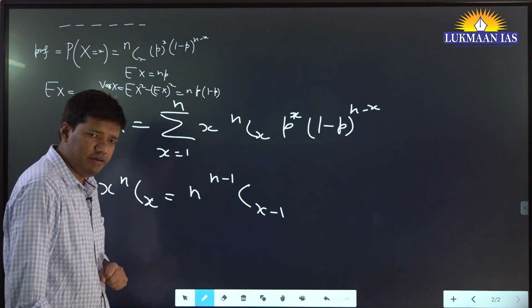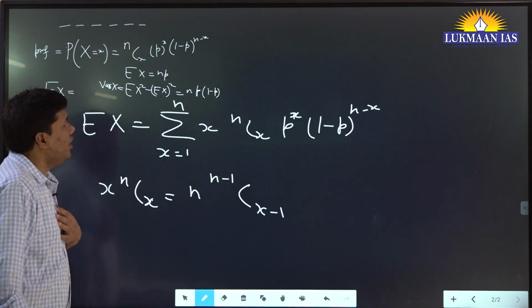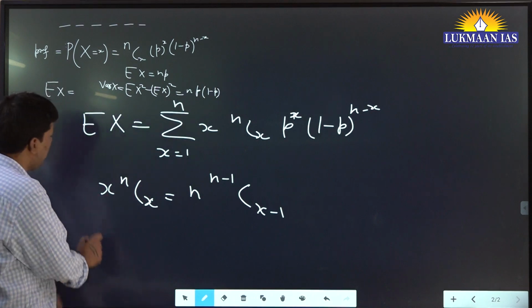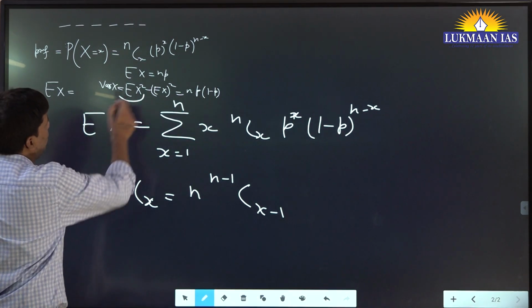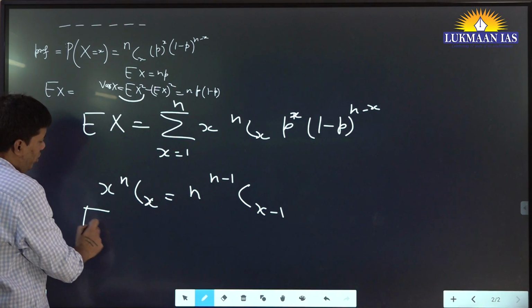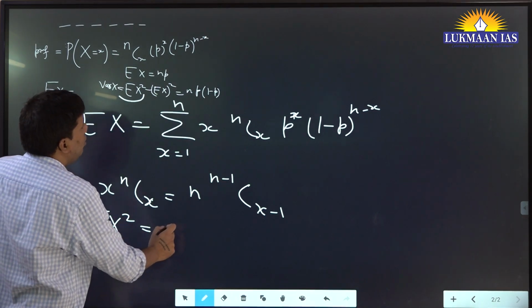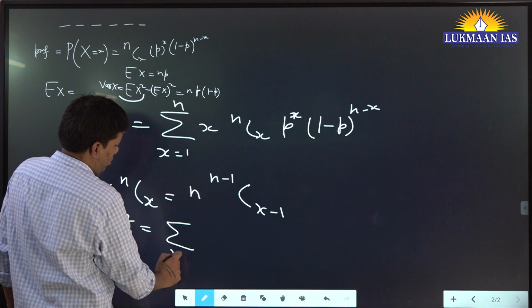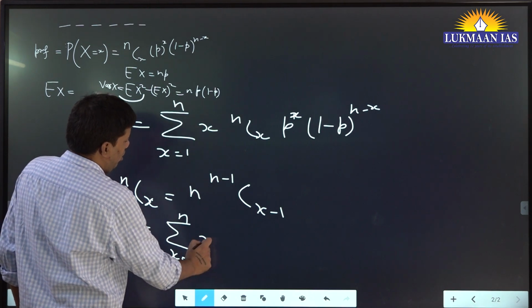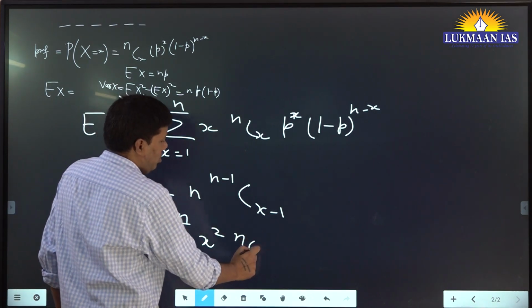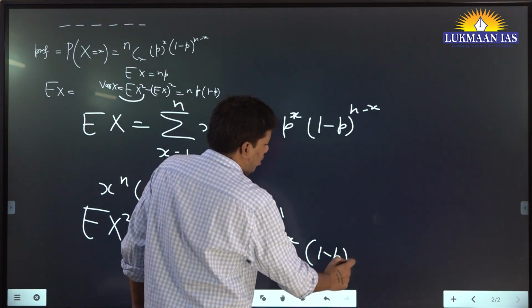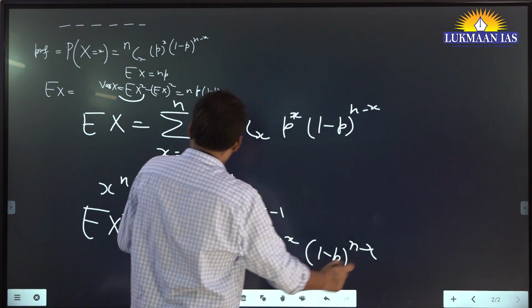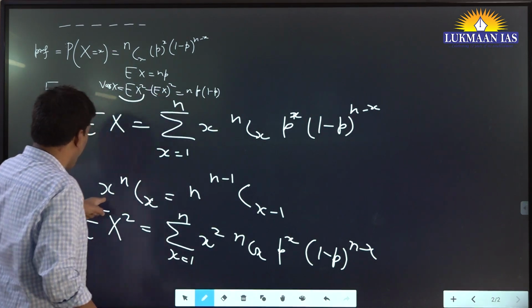We have already done that. Any problem? Now this is fine. Similarly you will calculate the variance. To calculate variance, you first have to calculate E(X square). E(X square), how will you calculate? Summation x from 1 to n, x square nCx p to the power x (1 minus p) to the power n minus x. See, E(X) you already calculated.